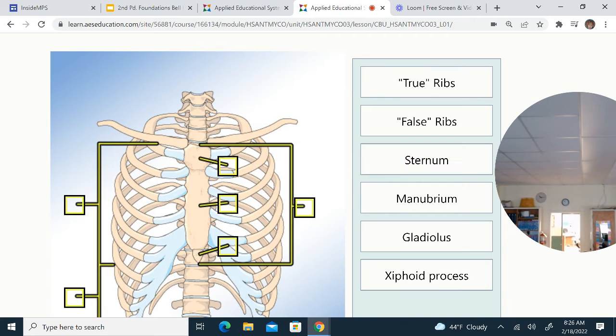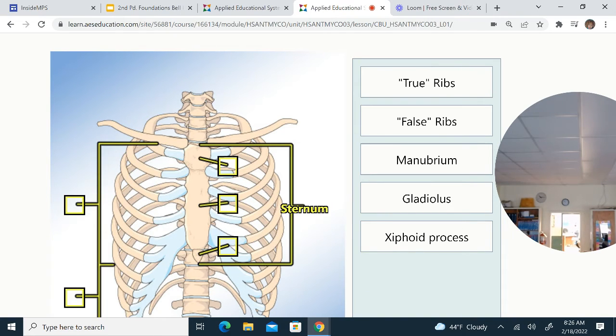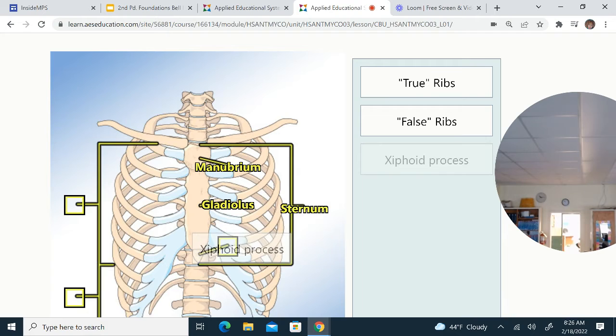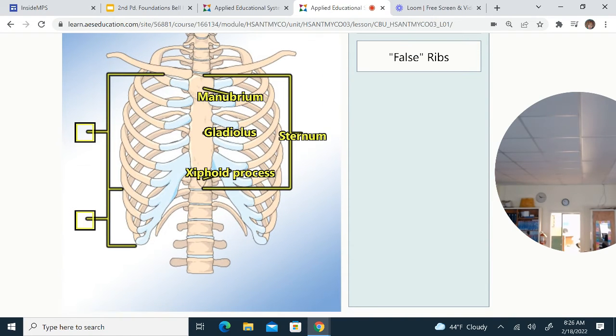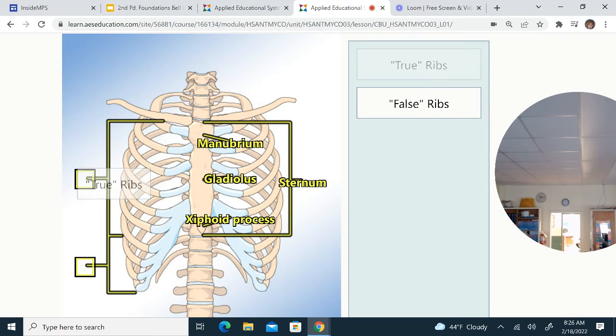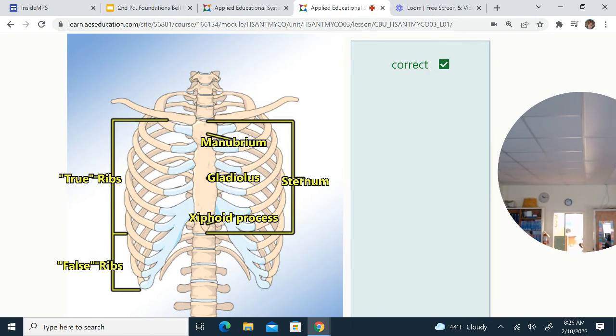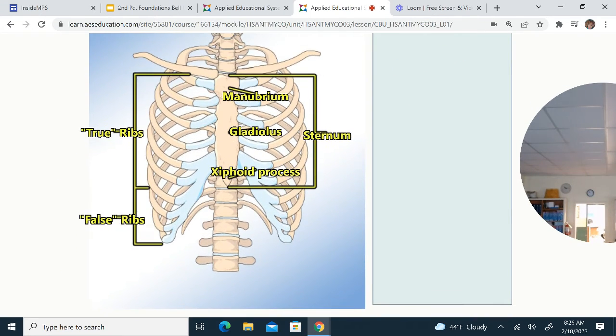That's your sternum. What about this? Manubrium is the one at the top. This one, the gladiolus. So your xiphoid process right there. All right. So what about here? True ribs. So you got your true ribs here. And then you got your false ribs over there. So that's what it looks like.